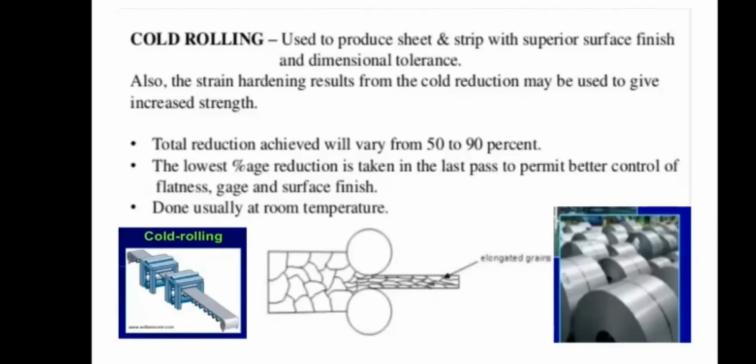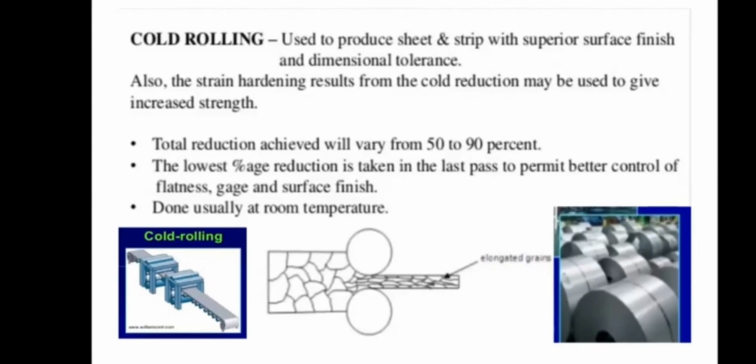Total reduction achieved will vary from 50 to 90% only. You can reduce the thickness from, say, 4 mm to 2 mm at maximum. Further reduction is not possible in cold working, whereas in hot working you can reduce 10 mm into 1 mm directly.